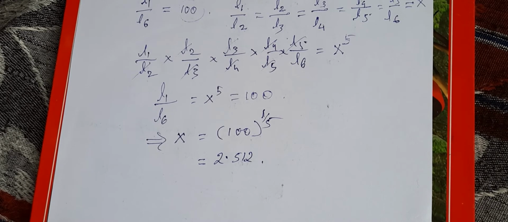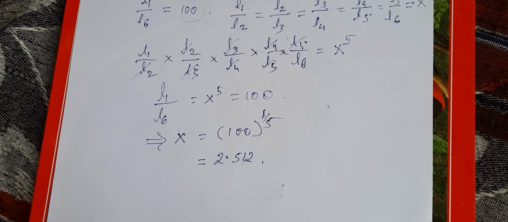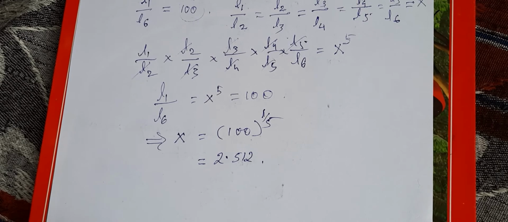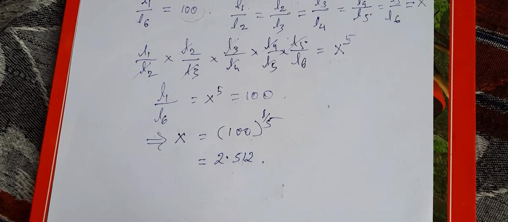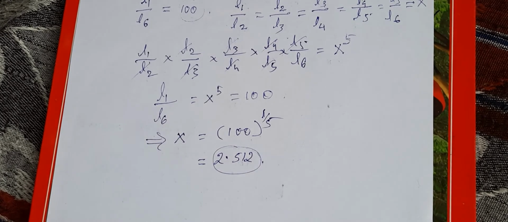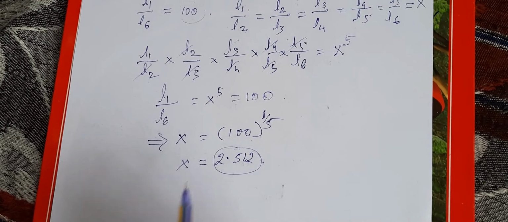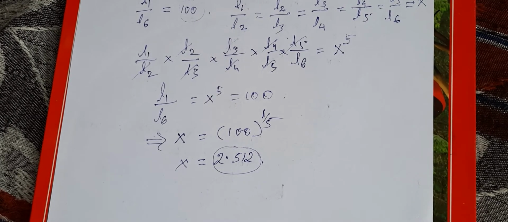Therefore, the brightness of two stars whose apparent magnitudes differ by 1, meaning the second order to first order, third order to second order, differs in brightness by a factor of 2.512. So x is equal to 2.512.